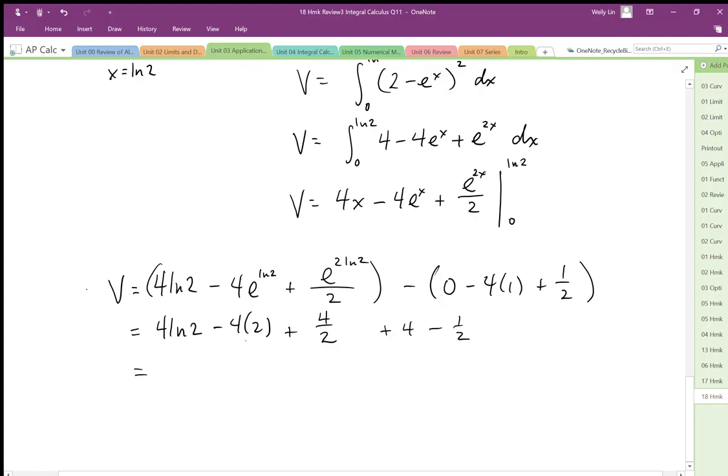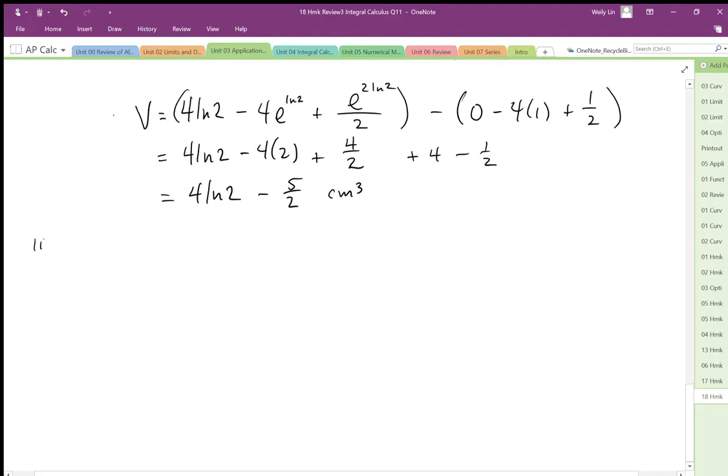Simplifying that all out, I end up with 4 log 2 minus 8 plus 2 minus 4 plus 1/2, which is 4 log 2 minus 2.5. And this will be in centimeters cubed.